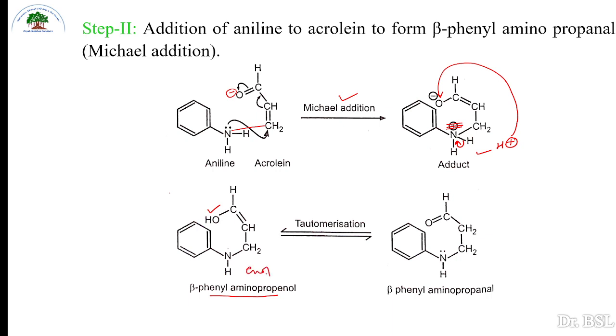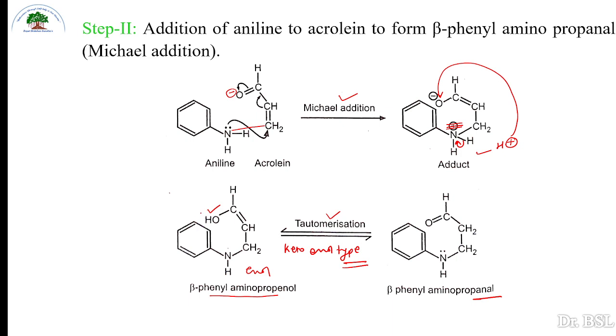Enol and keto type tautomerism takes place, and here we get this beta phenyl aminopropanal. Here we will not get a true keto in this tautomerism, so it is known as keto enol type tautomerism.